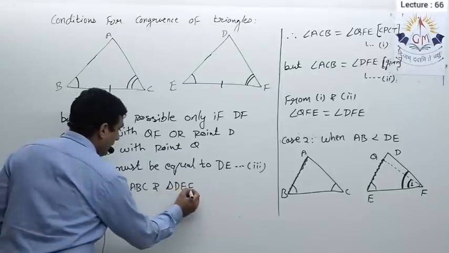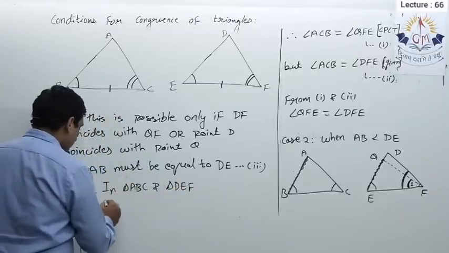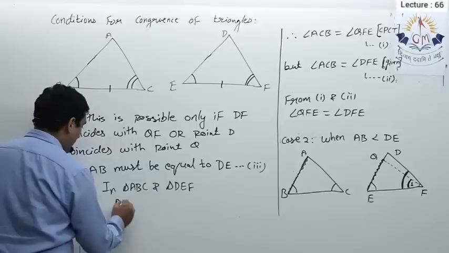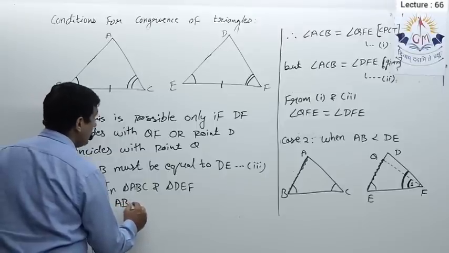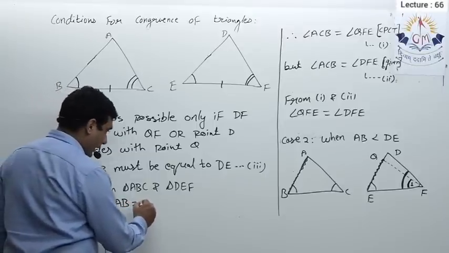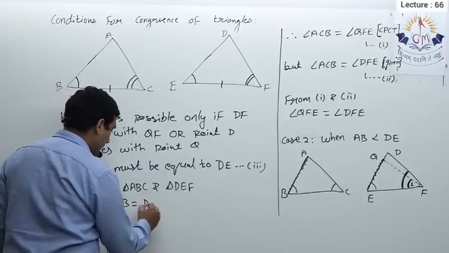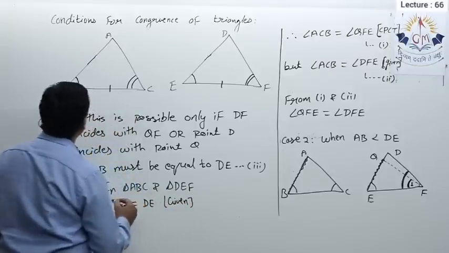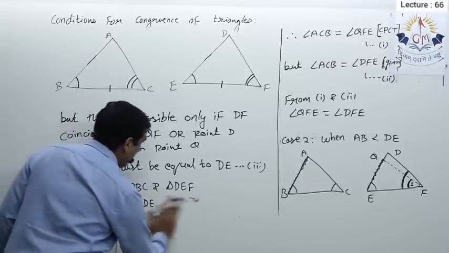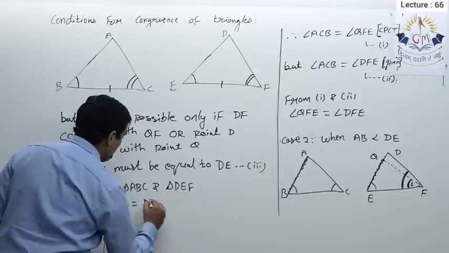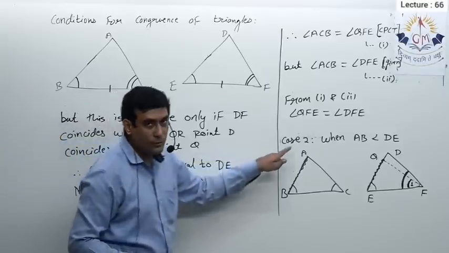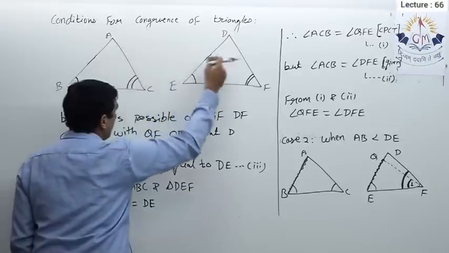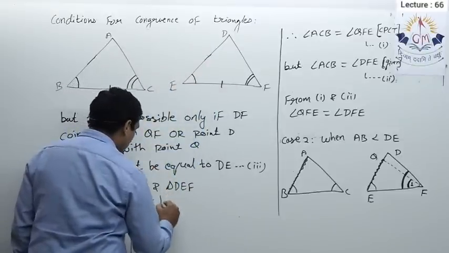So now in triangle ABC and DEF, here I can write AB is equal to DE. Not given, for case 2 it is not given. Although in the theorem it is not given, AB equal to DE we proved.